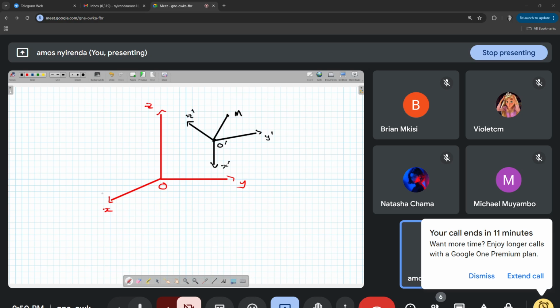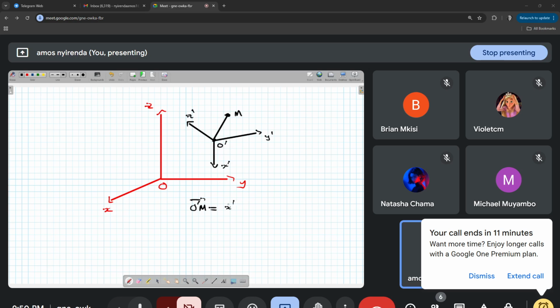So let's talk about the position vector of this point M in this reference frame, X prime, Z prime, Y prime. Here it's simple. The position of M in this black reference frame, the origin is O prime. So the vector O prime M is going to be equal to X prime on the x-axis, so it has a certain location on the x-axis and a certain location on the y-axis.